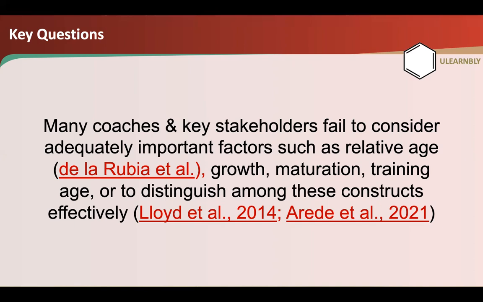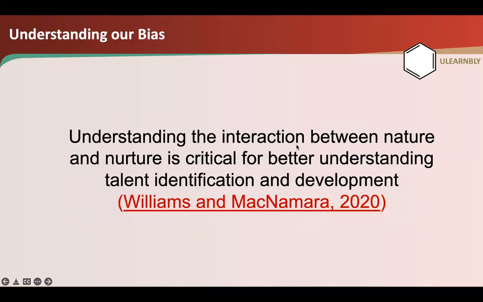Just having an understanding, a clarity behind what we mean when we say talent, what we mean when we say perception, when we say early developer, late developer, when we say at their best, at their worst, all these things, and understanding our bias and how that influences these things, as well as understanding the interaction between nature and nurture, which is critical for developing our understanding around talent identification, perception, and talent development.